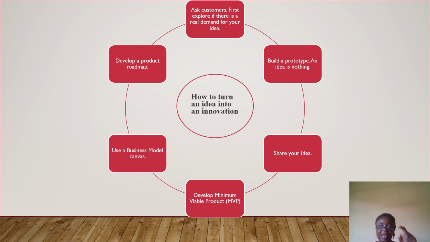All these 9 steps are explained on a business model canvas, which you are also going to learn about in Module 4.